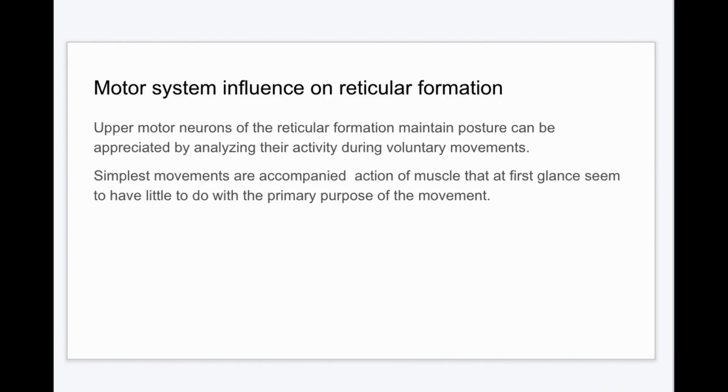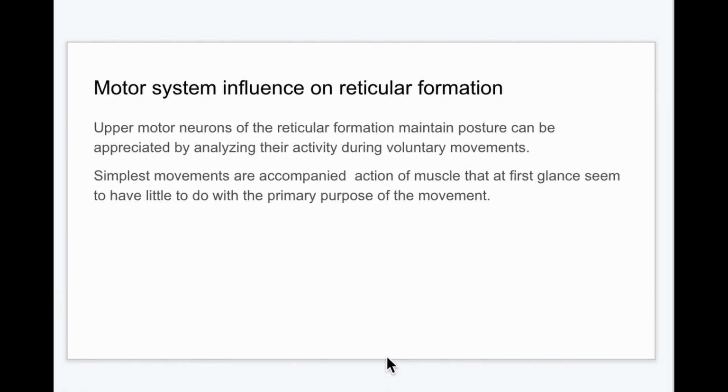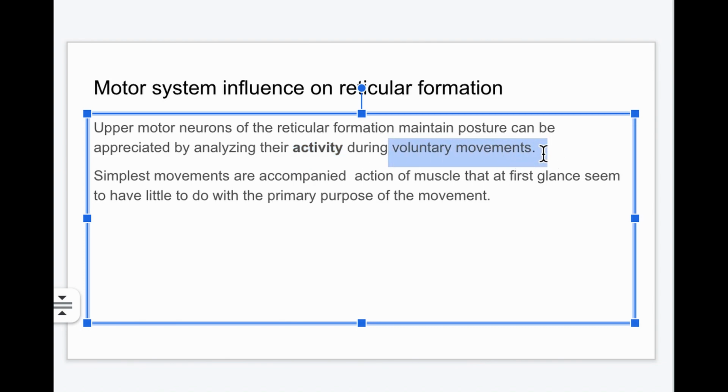Motor influence on the reticular formation. The upper motor neurons of the reticular formation maintain posture, which can be appreciated by analyzing their activity during voluntary movements.